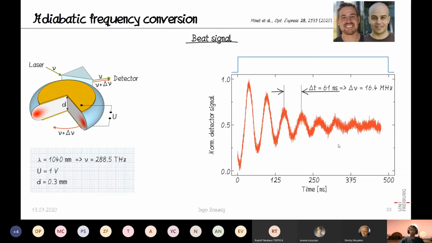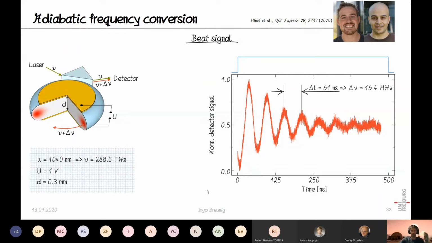So, and this was Yannick and Louis who did this experiment. They have just used a laser at 1 micrometer wavelength and just applied 1 volt, and the resonator had a thickness of 300 micrometers.